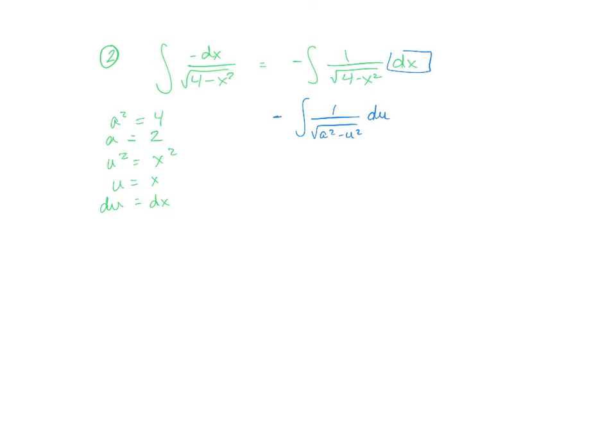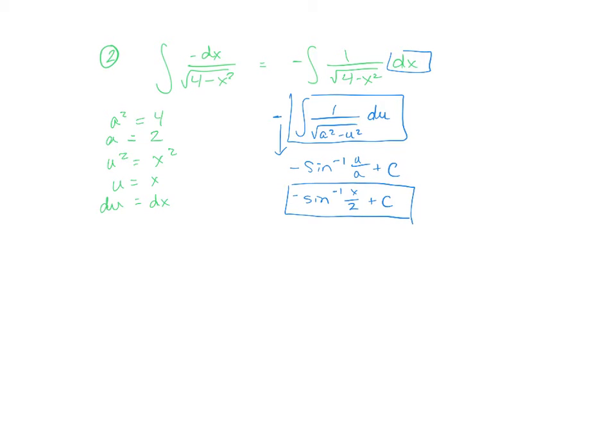Again, as before, this piece right here is my inverse sine function as seen in the definition, and I have inverse sine of my u value divided by my a value plus c, and I cannot forget to bring that negative sign down in front. So I have the negative of inverse sine, and my u value is x divided by my a value of 2 plus c. Okay, that would be my answer.